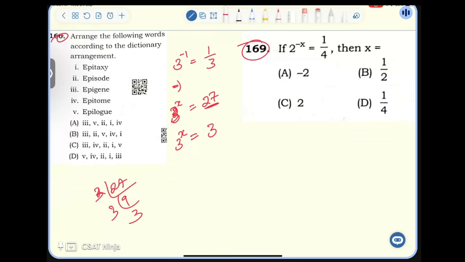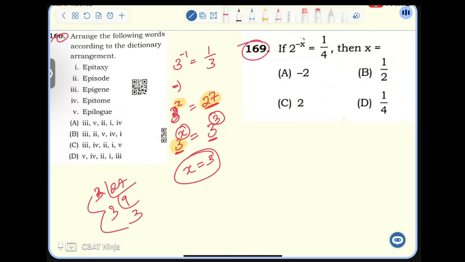That means 3 to the power 3. So now, if your base is same, then your power will always be same. That means x will be equal to 3. So if you have variable in your power, then always remember to convert this one with the same base as the other one.